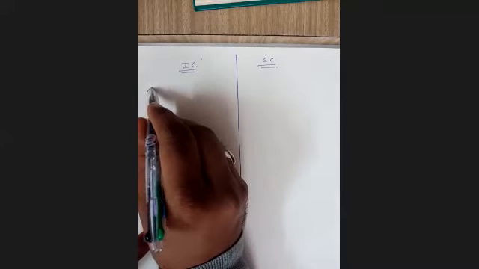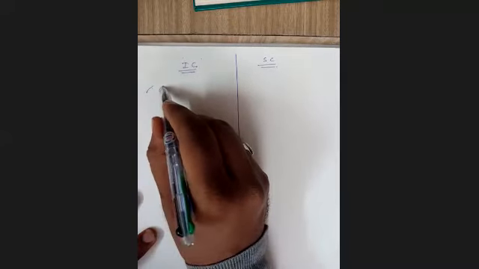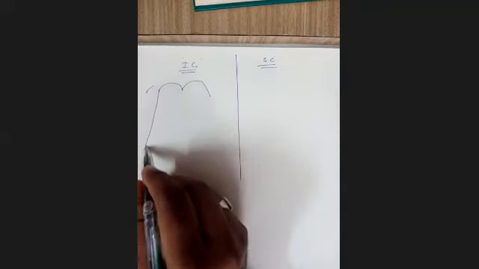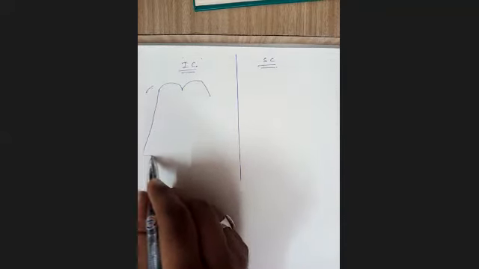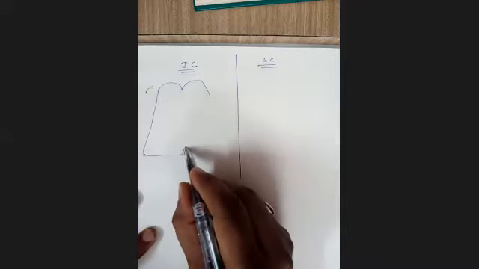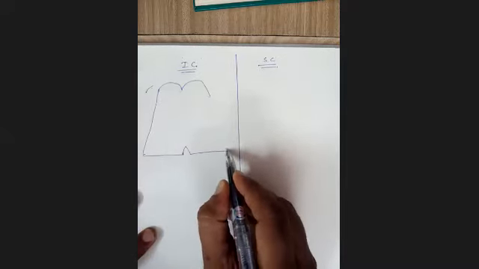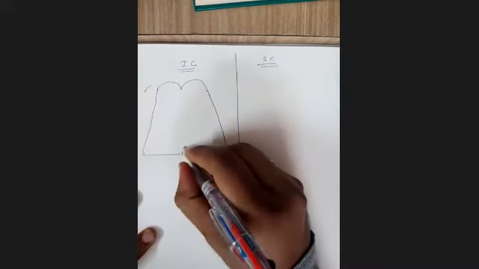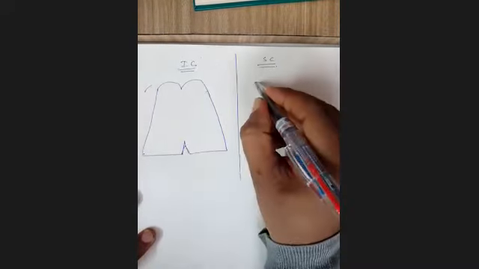Midbrain sections are the easiest sections. What you have to draw is two Bermudas. So it looks like a Bermuda. Two Bermudas. You can go a little deeper.